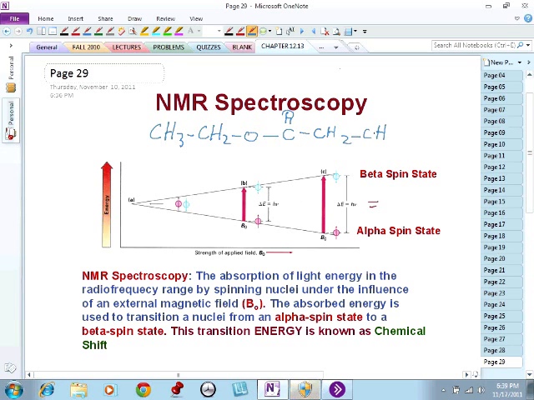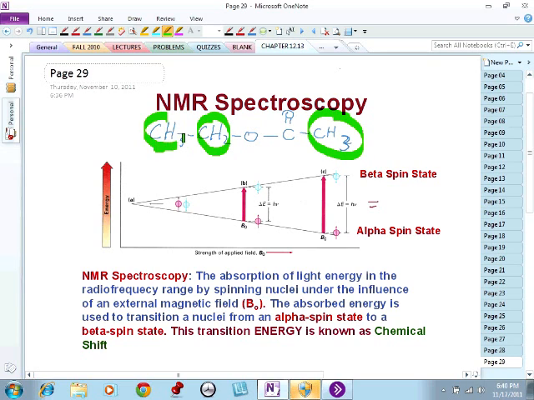Based on what we know now, which one of these hydrogens or protons will have the greatest chemical shift in this molecule? The one next to oxygen, exactly. So I will expect the chemical shift of this hydrogen here to be greater than the chemical shift of this hydrogen.